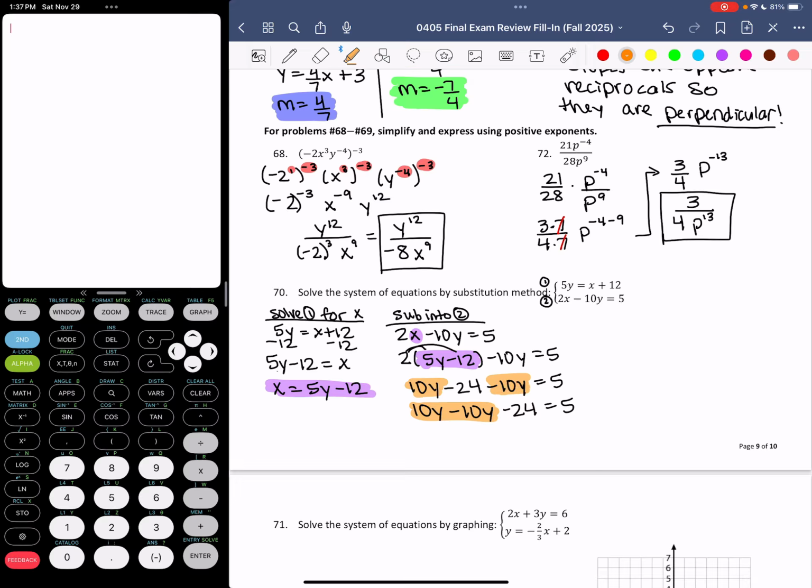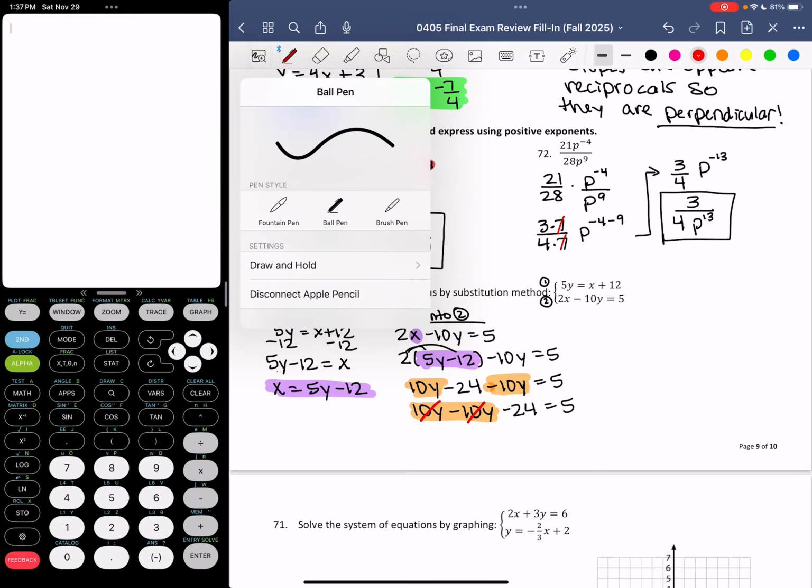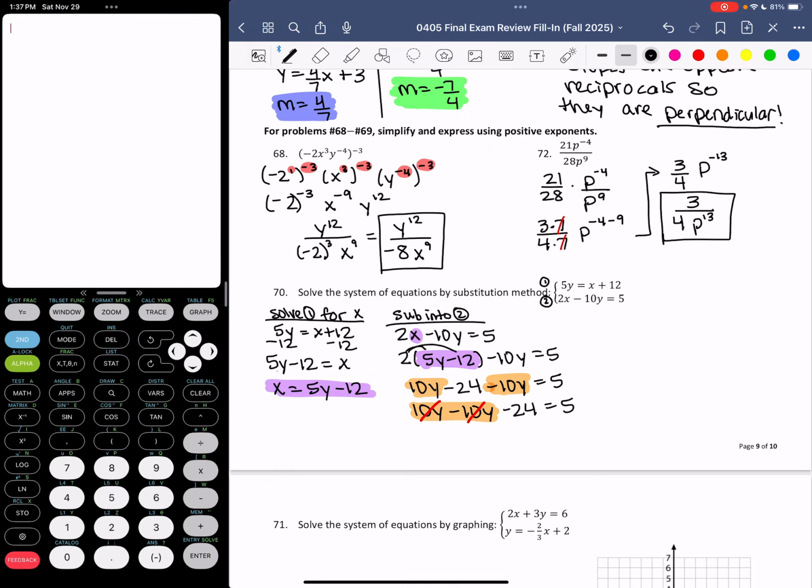Okay. So when I rearrange it, 10y minus 10y actually, that adds up to 0, right? So now what do I have? I have negative 24 equals 5, which is false.